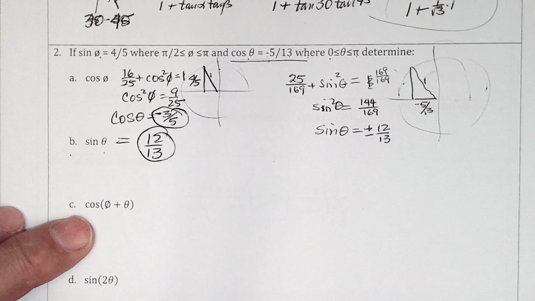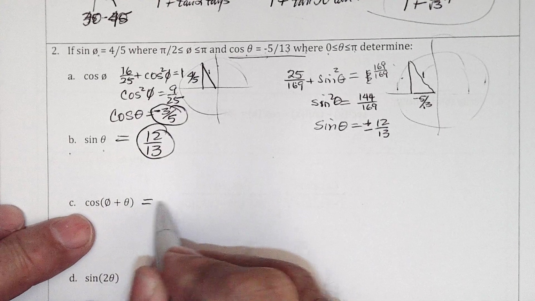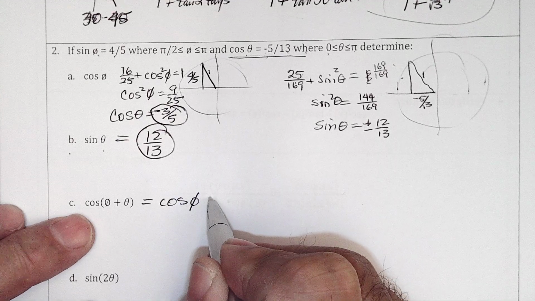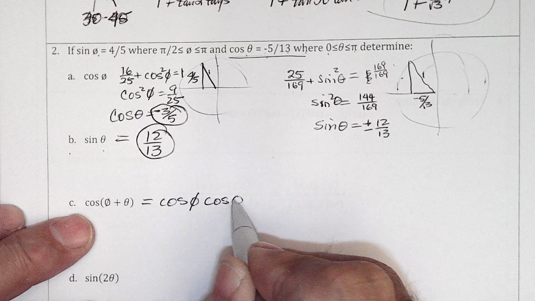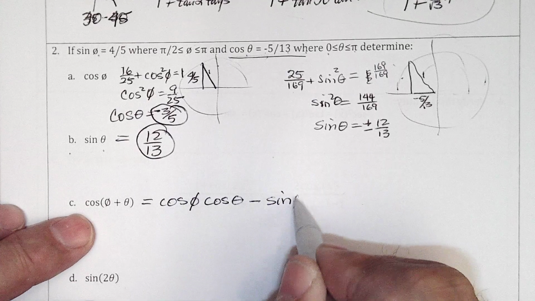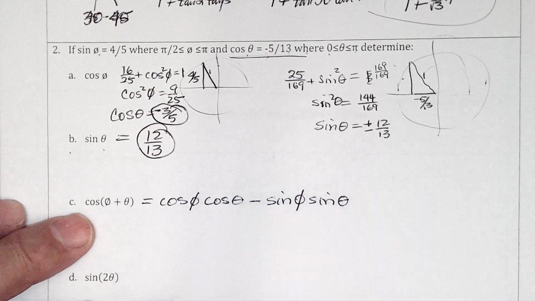If I have to do the cosine of the two angles added, that's the cosine of the first, cosine of the second, minus sine of the first, sine of the second.